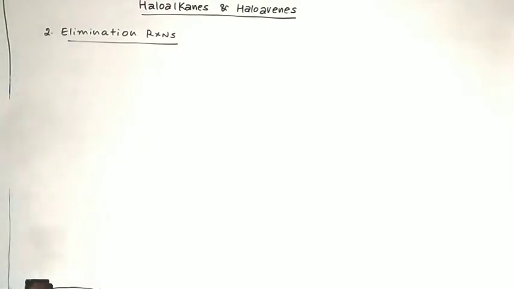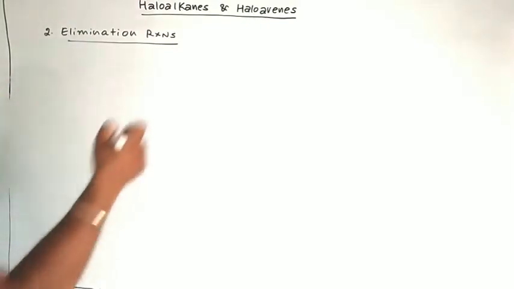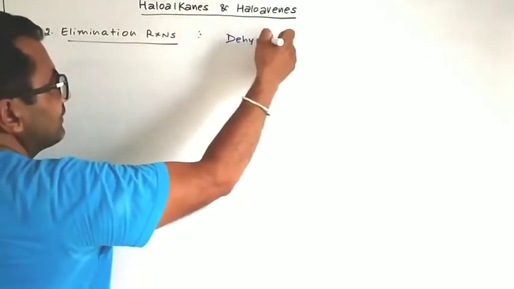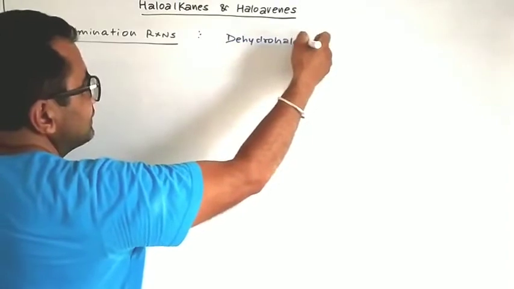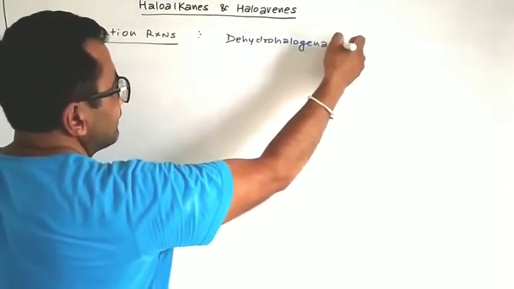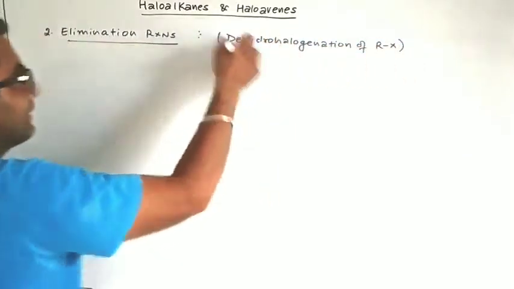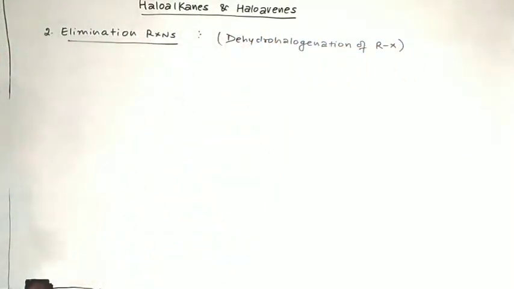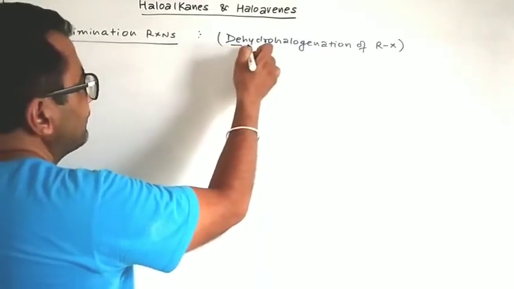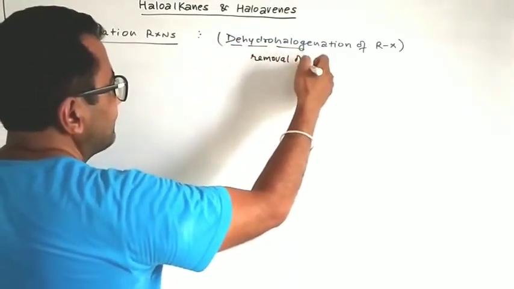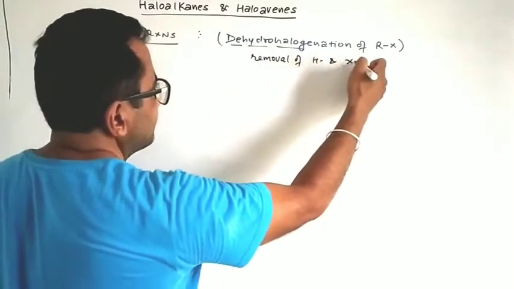And in elimination, the important reaction is dehydrohalogenation of alkyl halide. Dehydrohalogenation means removal of hydrogen and halogen, removal of hydrogen and halogen.